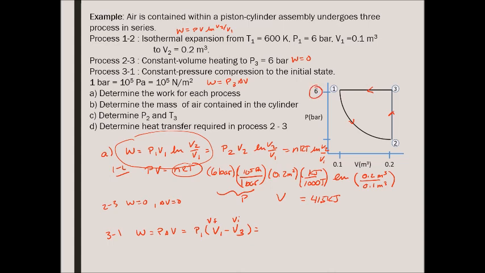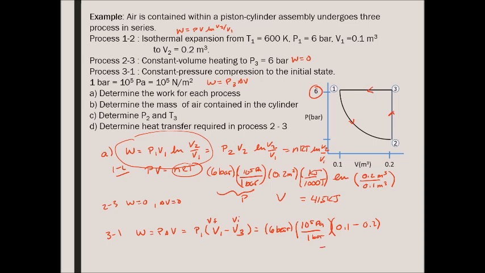So we'll do the same conversion as we did before. 6 bar times 10 to the 5th pascals per 1 bar. And then our change in volume. Now we're going the other way around. We're going from 0.2 to 0.1. So we end up at 0.1 minus 0.2. So we're going to end up with a negative work.